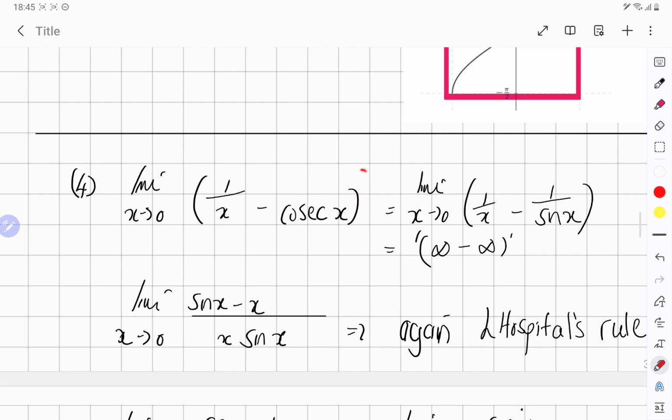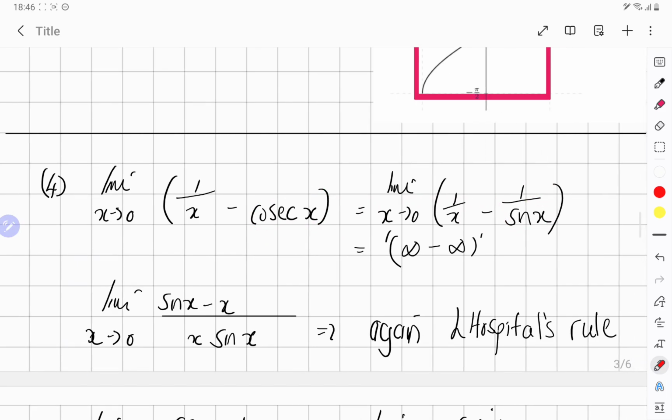The next thing, so let's see why it is an indeterminate form. Remember, cosec is 1 over sine. I still see that some second years get that wrong. Remember, cosec is 1 over sine. Now, as x approaches 0, 1 over x will approach infinity. Let's just recap.